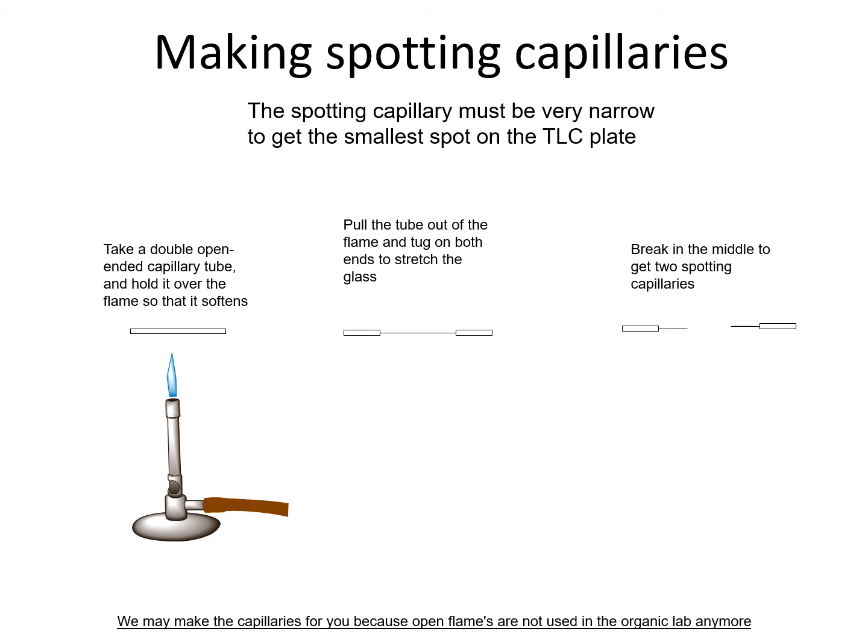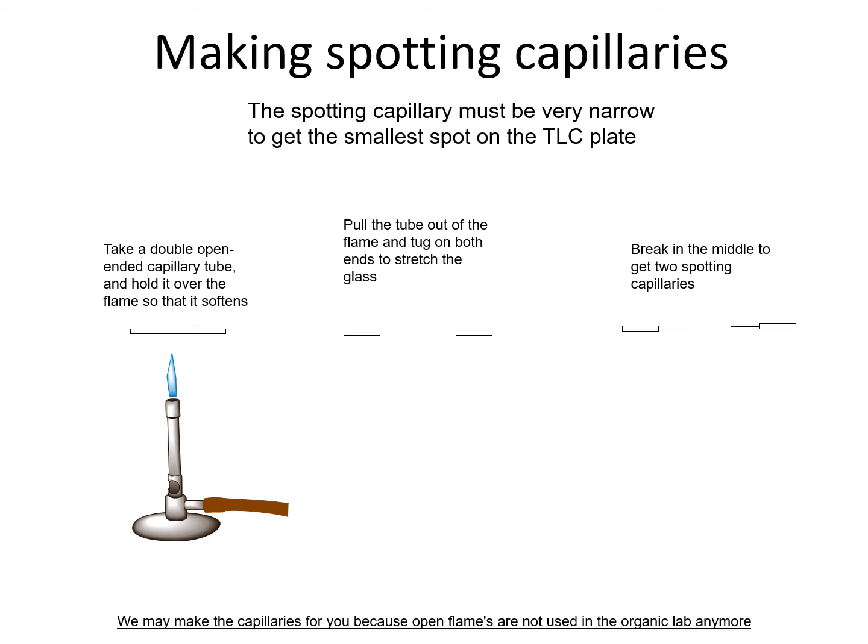For thin layer chromatography, we use capillary tubes with openings on both sides. But because the opening is very wide, we have to make certain arrangements to have a narrow opening. To do this, you need a Bunsen burner and a capillary tube.